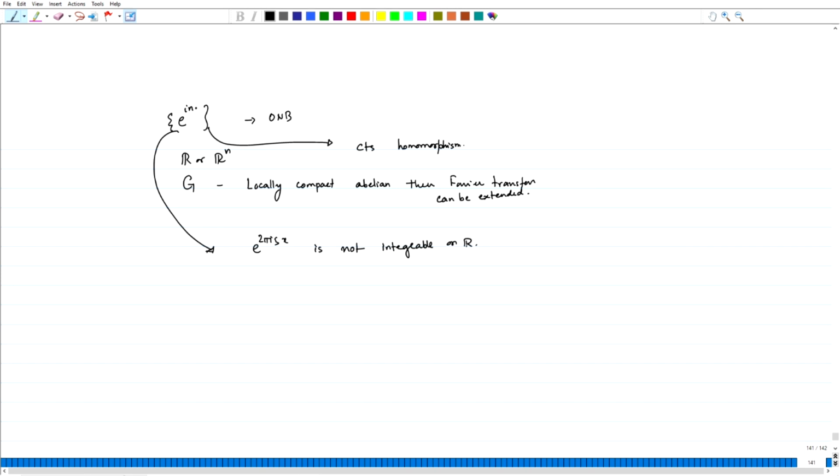However, all these e to the power 2 pi i n x are essentially generated by a single function phi of x equal to e to the power 2 pi i x, and phi n of x equal to phi of n x, and then you are generating all these functions. So from a single function, by taking dilations, you are generating the orthonormal basis.